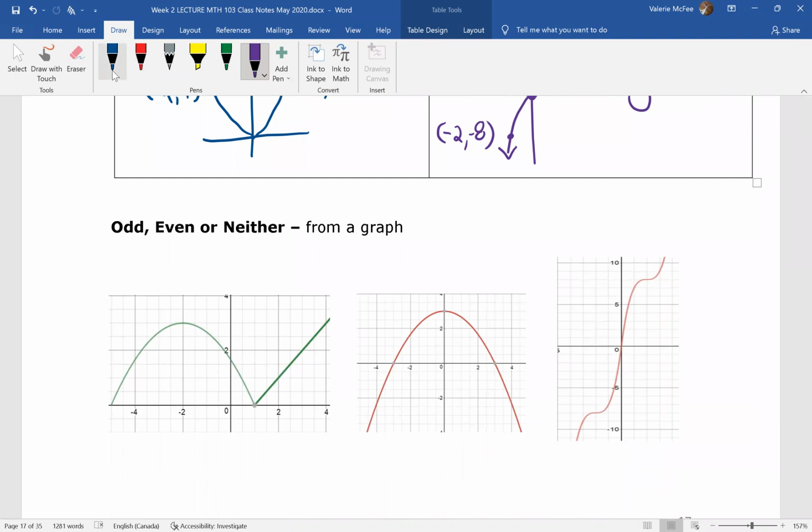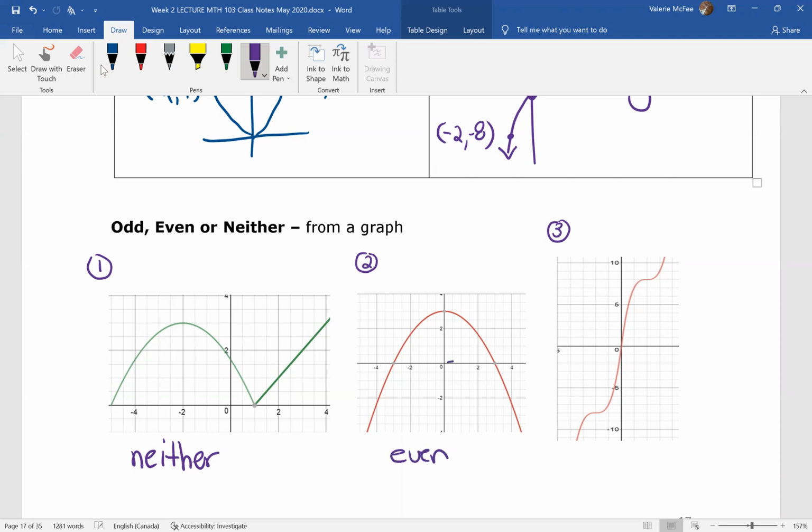Here are 3 graphs, 1, 2, and 3. Can you determine whether they are odd, even, or neither? The first one is neither. It doesn't reflect across the y-axis. It doesn't rotate 180 degrees. The second one is even.